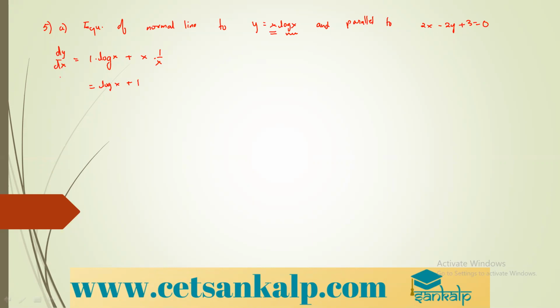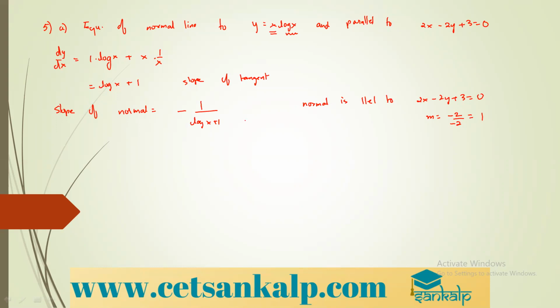Now the derivative is the slope of the tangent. Slope of the normal will be negative, minus 1 by log x plus 1. But because the normal is parallel to 2x minus 2y plus 3 equal to 0, and here the slope is minus 2 by minus 2, that is 1.